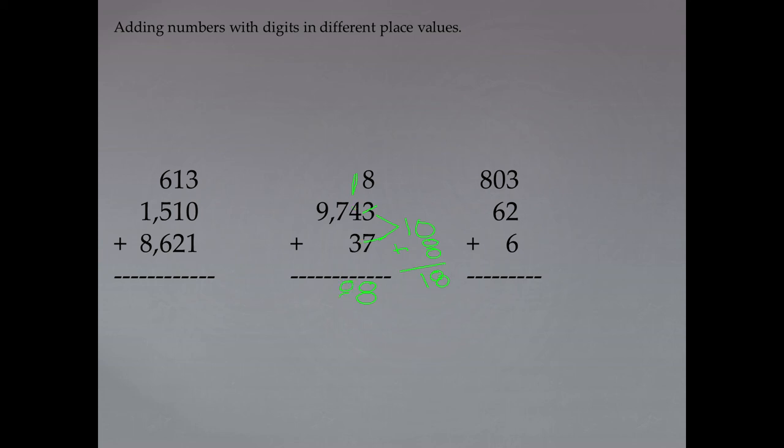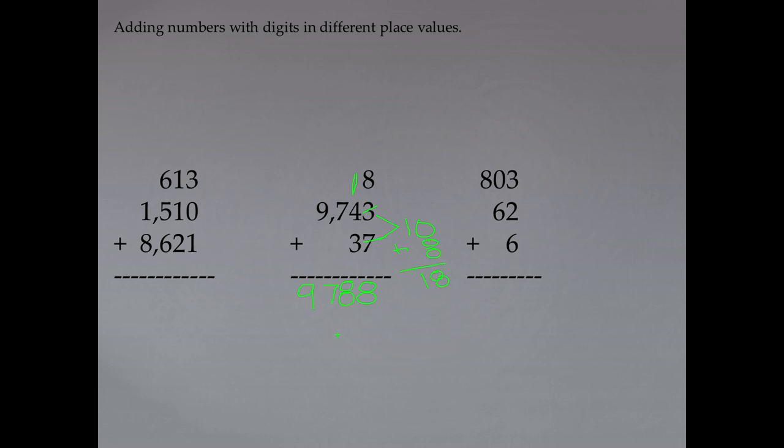I don't have anything in my hundreds column because my 10s only added up to 80 rather than something larger than 80. Then I have my hundreds column. There's nothing above it. There's nothing below it, which represents nothing or 0. So I just have 7 plus 0 plus 0. Then I have my thousands column. There's nothing above. There's nothing below. And that's also 0. So I just have my 9.